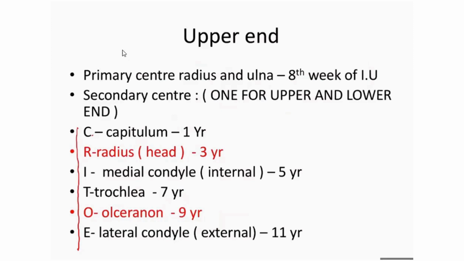Rest of the things you omit. Radius and olecranon. You remember this dictum: 1, 3, 5, 7, 9 and 11. It is very easy to remember. Capital M, radius, medial condyle, trochlea, olecranon, lateral epicondyle. What is related to radius and ulna is 3 and 9.